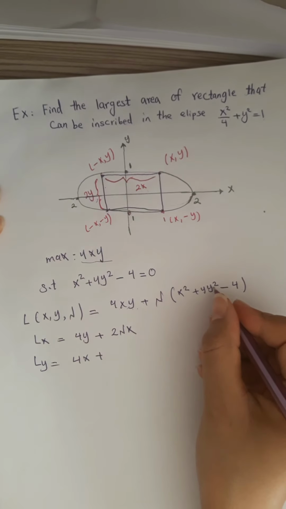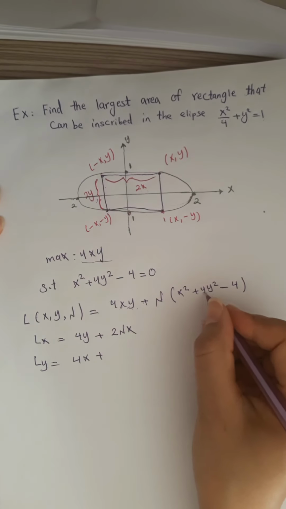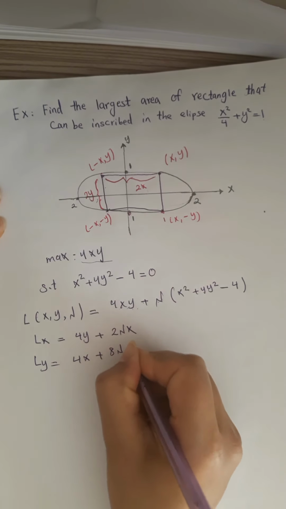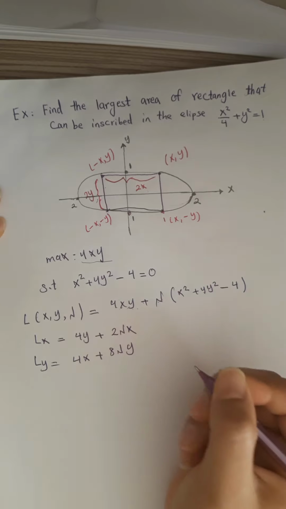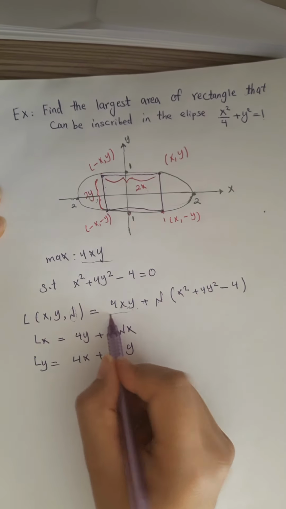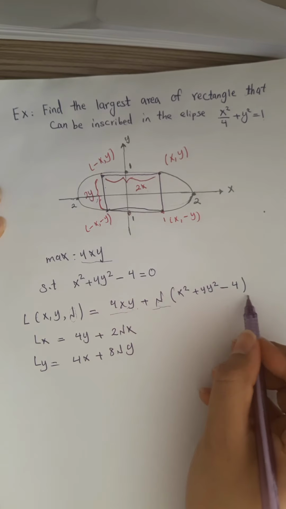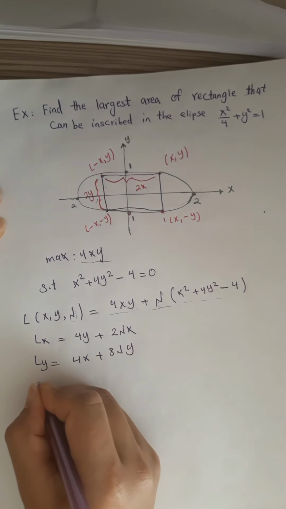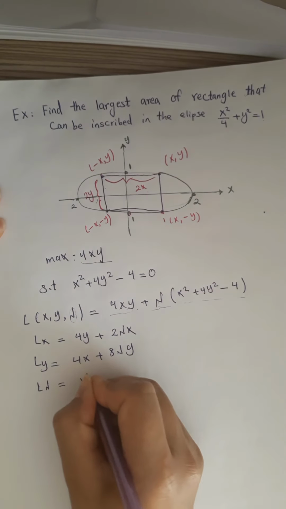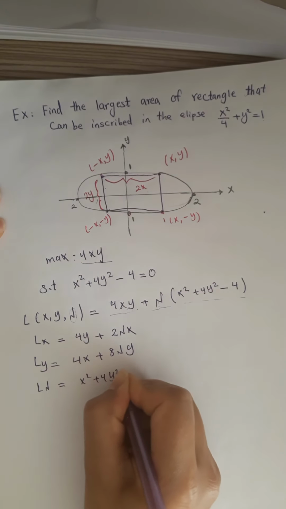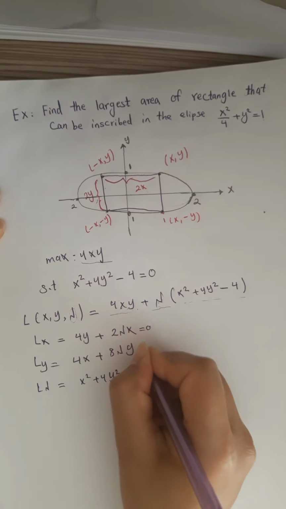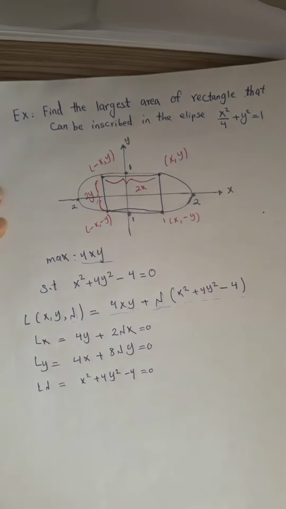And from here, 2 times 4 will be 8, and here we have lambda, so we have 8 lambda y. And if we take the derivative with respect to lambda, we just have lambda here, so Lagrange of lambda will be x squared plus 4y squared minus 4. All of them will be equal to 0.